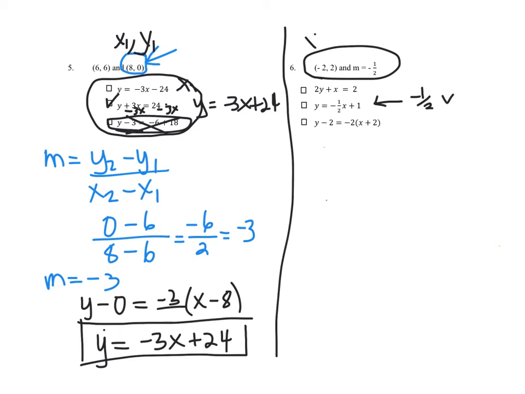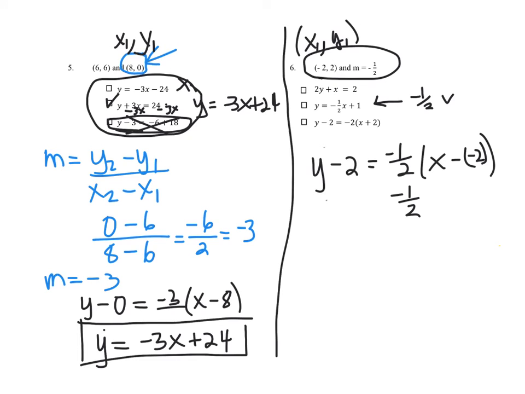So this is my x1, y1. So I have y minus 2 equals negative 1/2 times x minus a negative 2, which becomes negative 1/2 times x plus 2.